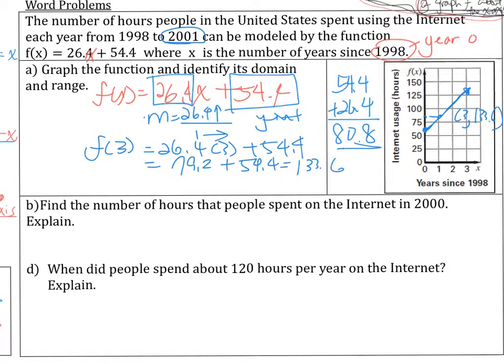Okay, and this is 0, 54.4, and I can write my domain. 0, year 0 to year 3, inclusive, and my range would be 54.4 f of x to 133.6.